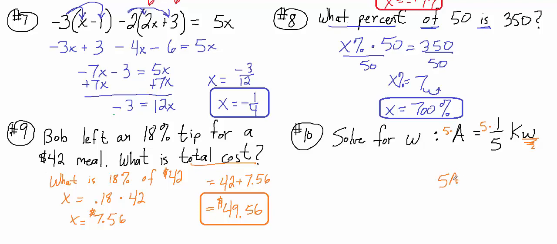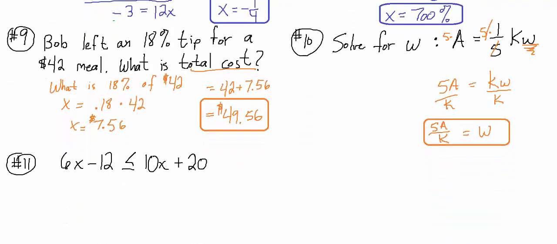When I do that, I just get 5a equals kw, because here, 5 times 1/5 just cancels out. I'm just left with kw. I'm trying to get w by itself, so we're going to take both sides and divide by k. And so the final answer is 5a over k. Oh, that almost rhymes. 5a over k. Good. So question number 10, be looking for something like that on the final exam.